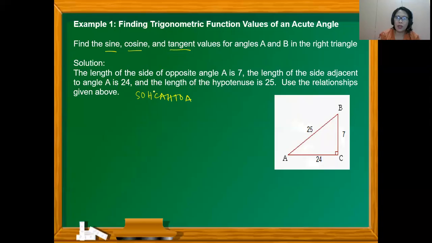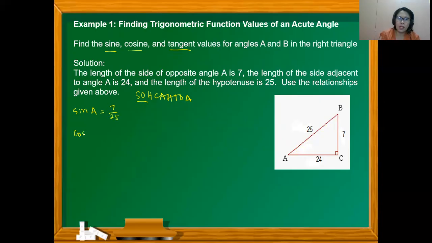So, let's start with working on sine, cosine, and tangent of angle A. Sine A equals opposite side of angle A, which is 7, over its hypotenuse. So this would be 7 all over 25.